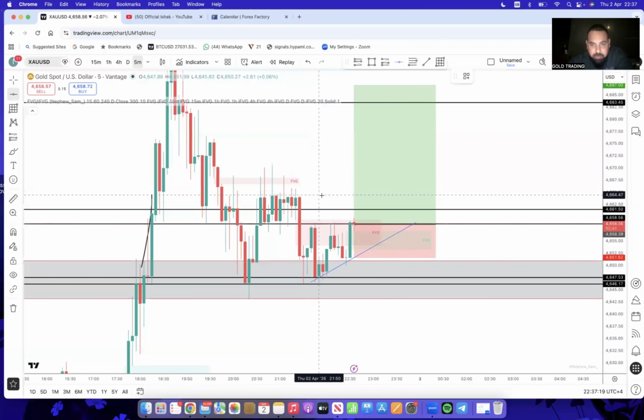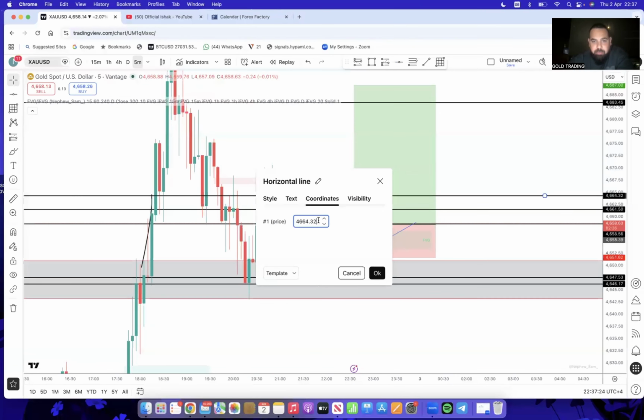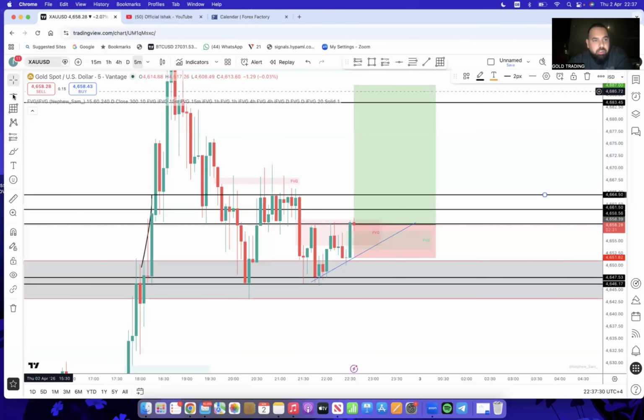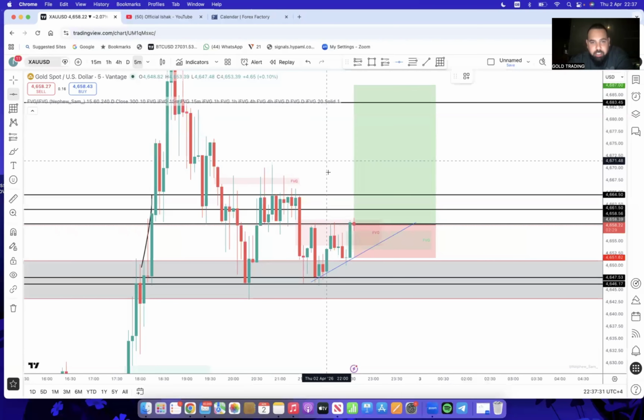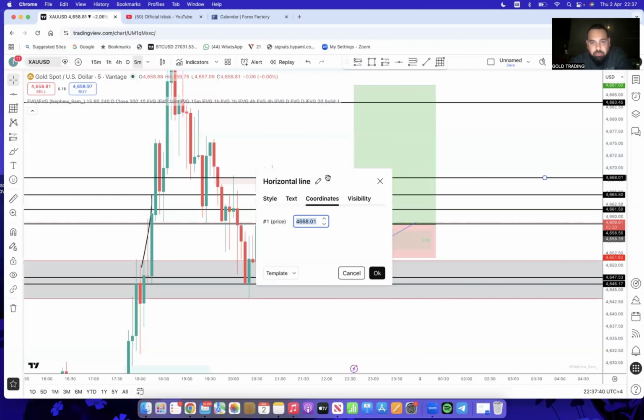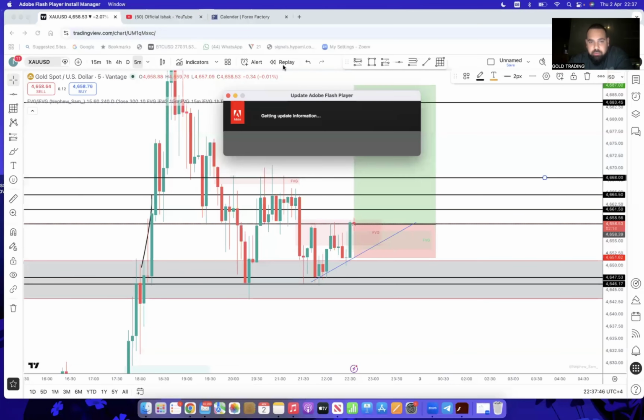This here would be TP2, which we'll make 64.50. I would do TP3 on these wicks all day long. There's a fair value gap there as well. So 46.68.